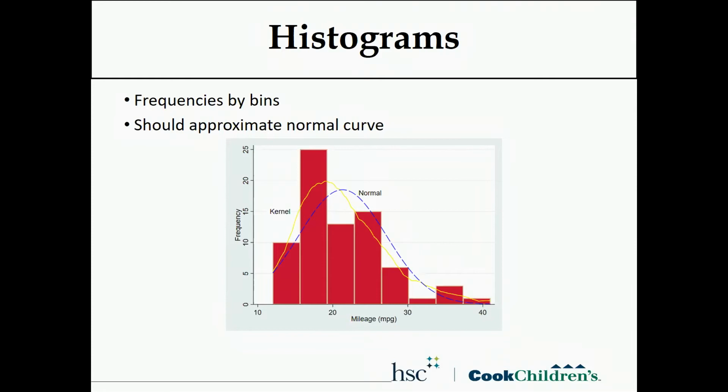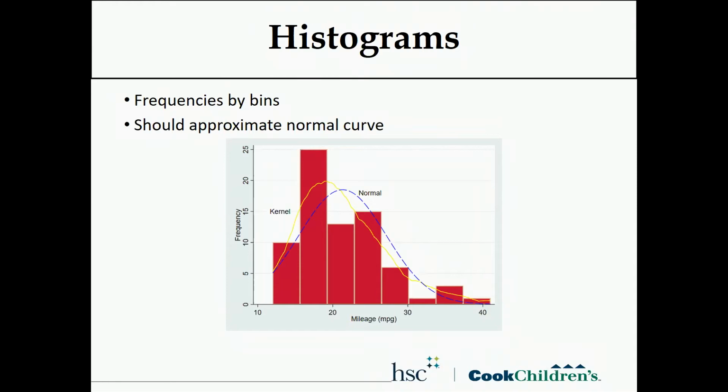On this, the kernel curve is essentially a representation of what that would look like if you had a large enough sample, and if you didn't use a bin at all with regards to the miles per gallon. So if you were to draw a horizontal line for every single mile per gallon, and then you drew that up, that's what the frequency would generally look like, what that curve would be.